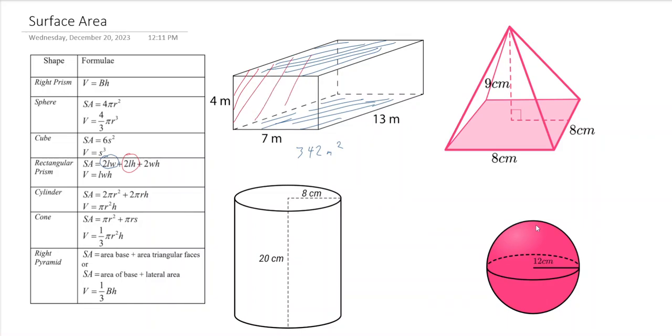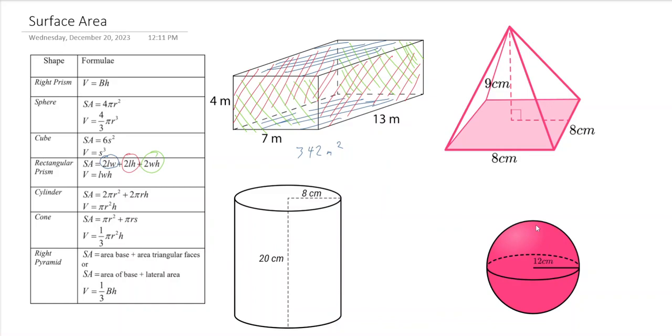So that is the two sides of the rectangular prism. There's one side, and then here is the other side. And lastly, we've got 2 times the width times the height, which is this side, the front side, as well as the back side. So hopefully you can see where all of that comes from.